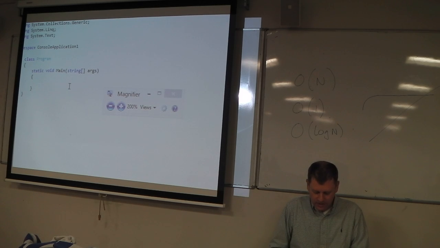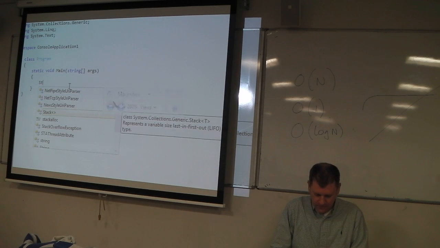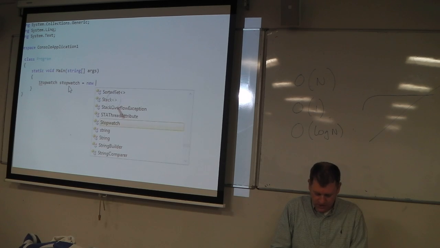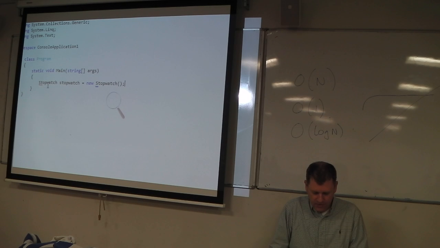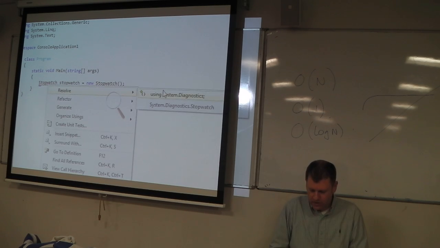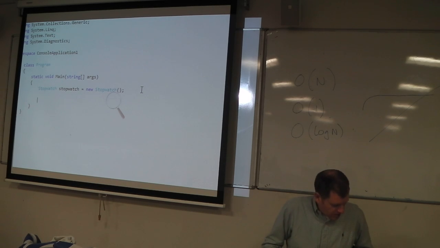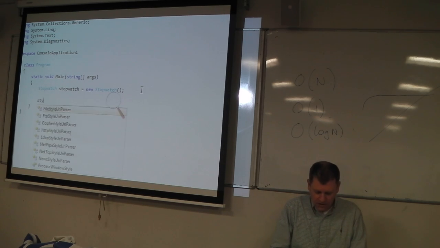So first of all, I'm going to create a new Stopwatch here, just so I can measure the efficiency of these things. New Stopwatch. We'll fix that error by right-clicking on this and resolving by going using System.Diagnostics. There are a couple of methods on the Stopwatch. When you want to start the stopwatch, you call stopwatch, have a guess?